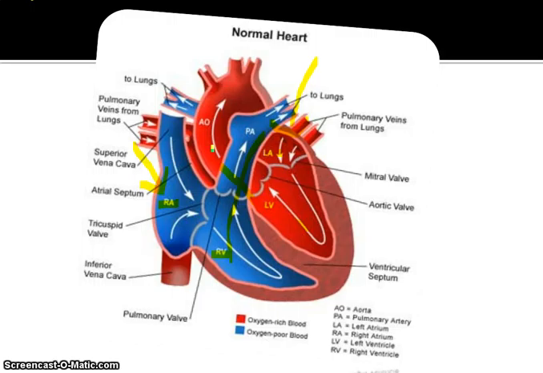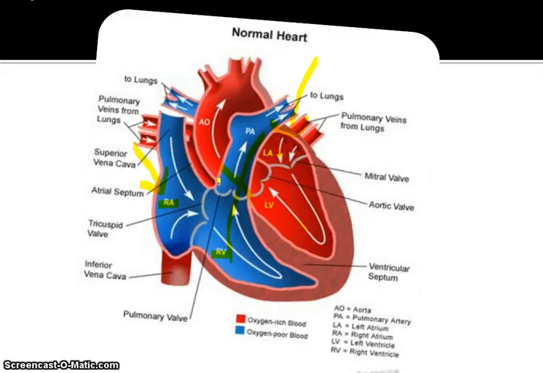Inside the heart, you do have a wall or partition called the septum that will help in preventing the mixing of oxygenated versus deoxygenated blood. We also have valves in the heart, and these valves are flaps that permit the flow of blood in one direction, so it makes sure the blood does not flow backwards.